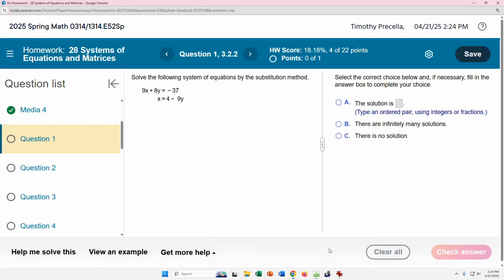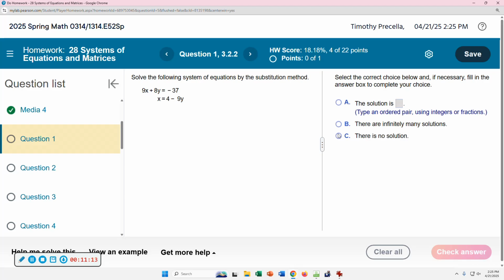Okay? And I'll talk you through. Here's problem number 1. It says solve the following system of equations by the substitution method. So let me write it down. 9x plus 8y equals negative 37, and x equals 4 minus 9y.